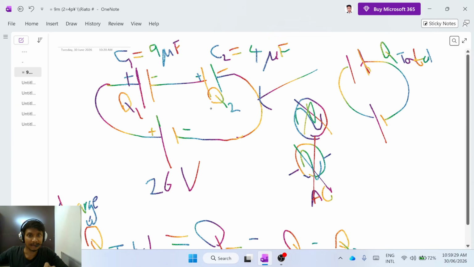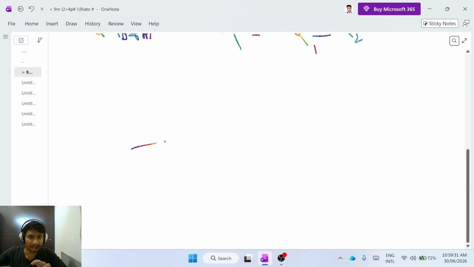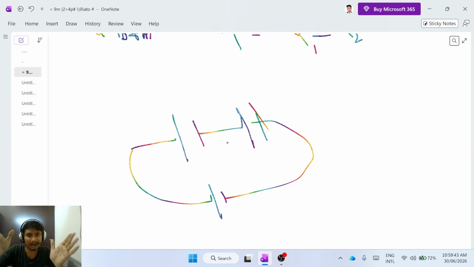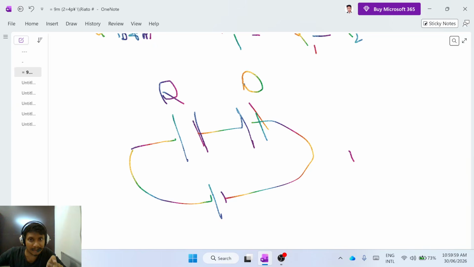You already know that if we connect capacitors in series, the charge of every capacitor will be the same. That means if the charge of this capacitor is Q, the charge of the other capacitor will also be Q. We don't need to consider capacitance.